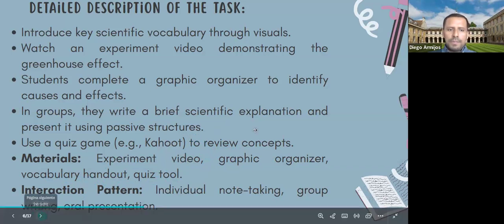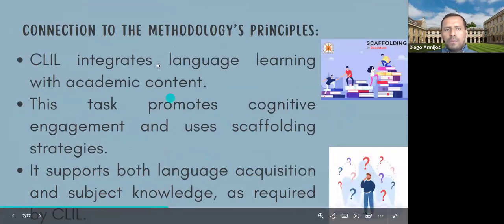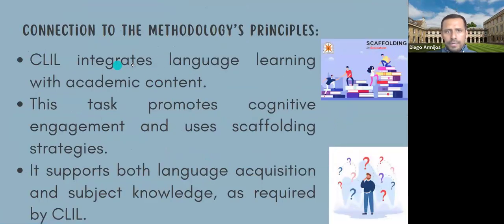And how does this activity meet the principle? Well, as I said before, CLIL integrates language learning with academic content. So not only does the student learn English, but also other content, all right? This task promotes cognitive engagement and uses scaffolding strategies. Of course, scaffolding, as you can see in this picture, is trying to help one another.